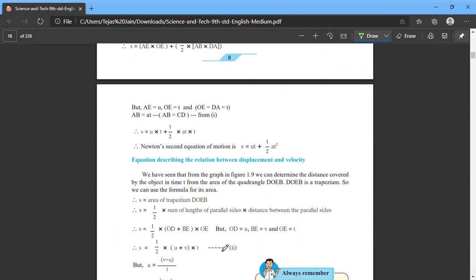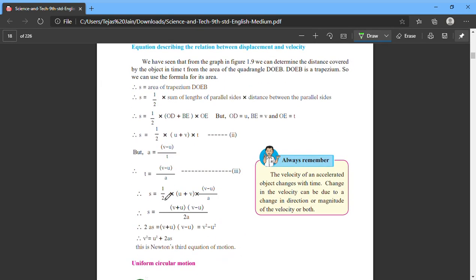Now S is equal to 1/2 sum of lengths of parallel sides OD plus B into OE, but OD is equal to U, B is equal to V, and OE is equal to T, that we explained already. Therefore, we get S is equal to 1/2 into U plus V into T, right?